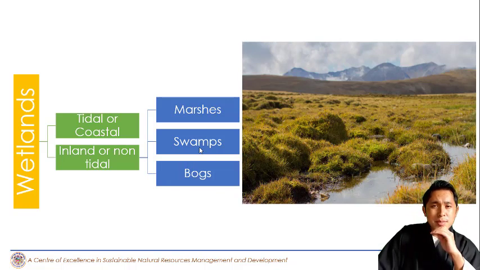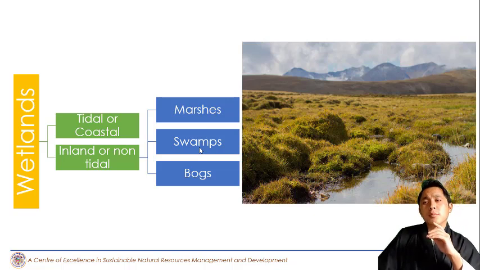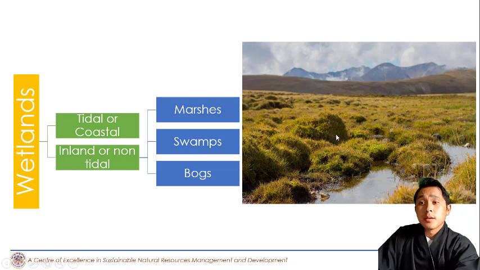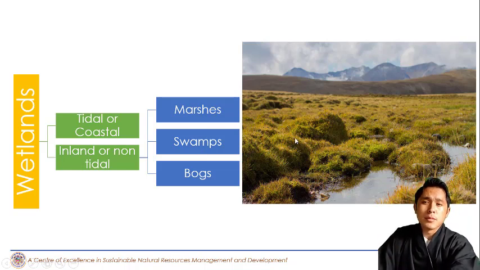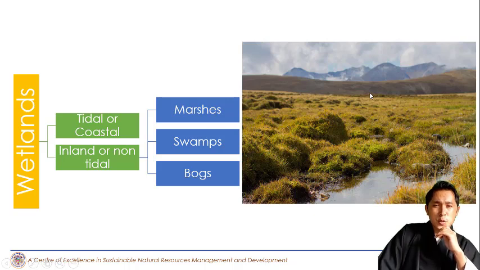Now, another one is bog. If you remember clearly, when I was talking on marshes, you won't find any mosses in marshes and swamps, but in bogs, you will find most of the mosses in this kind of wetland. Bogs are characterized by a specific group of moss called sphagnum moss.